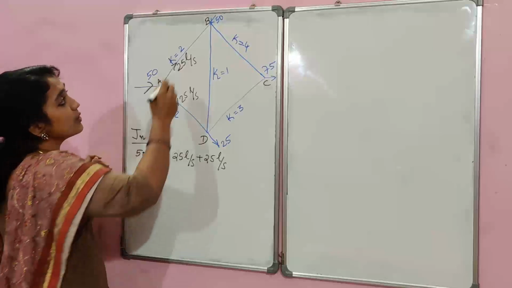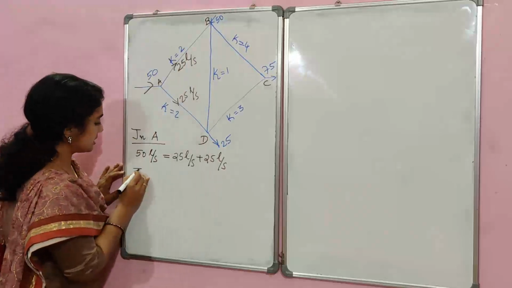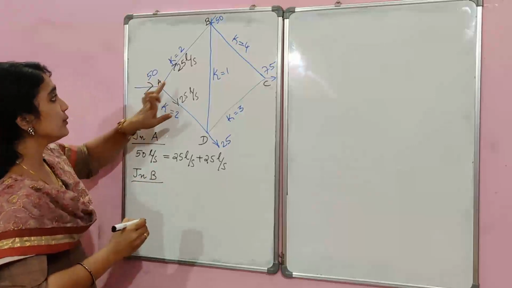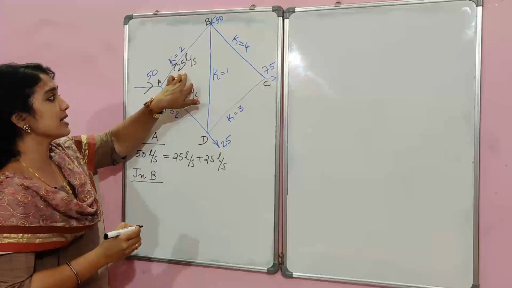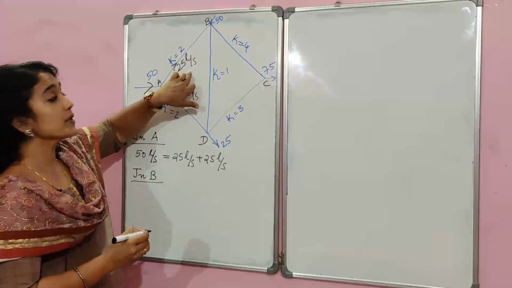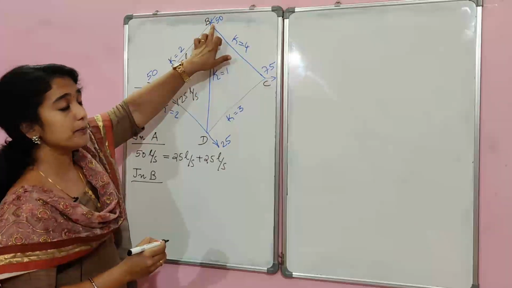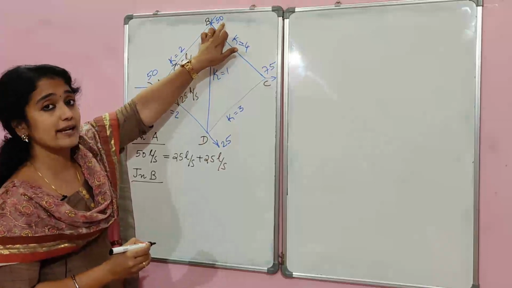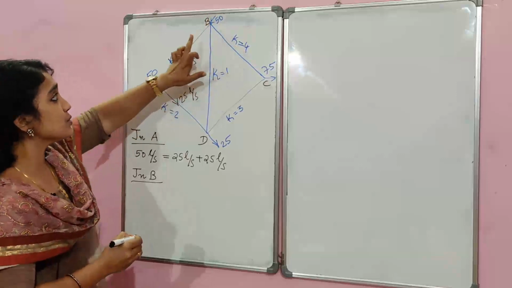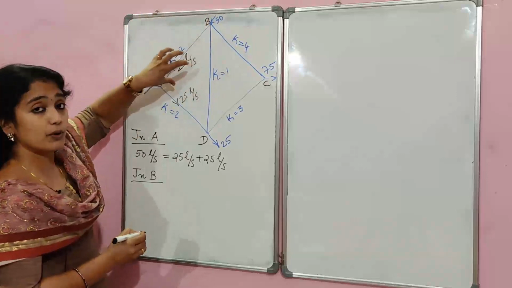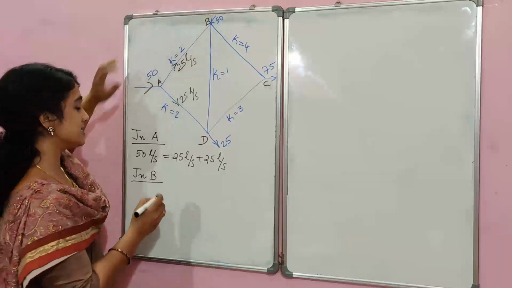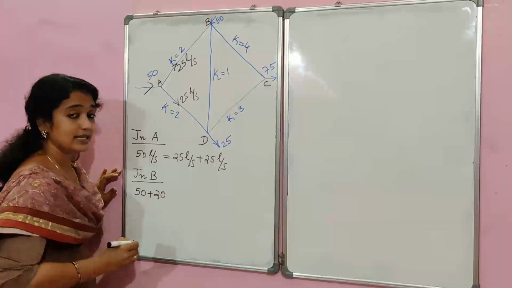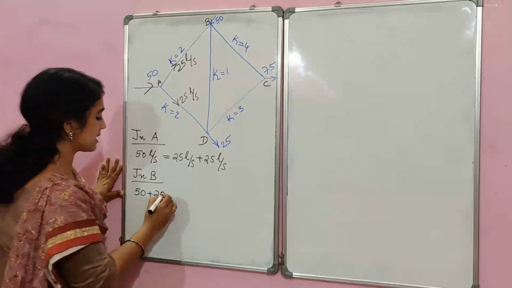Next we will move on to the next junction, that is junction B. In that junction, 25 liters per second flow is going into junction B, and another 50 liters per second flow is also entering junction B. So the total flow entering that junction is 50 plus 25, that is 75 liters per second.